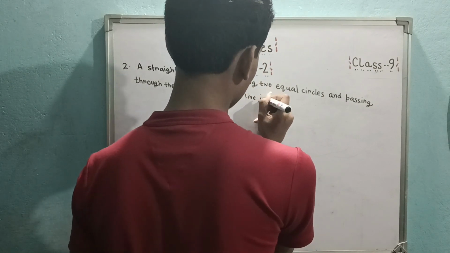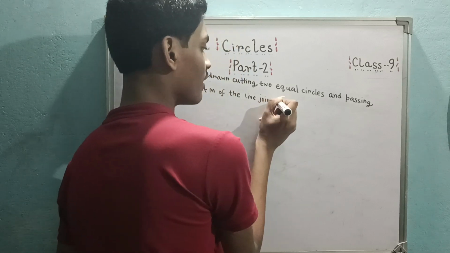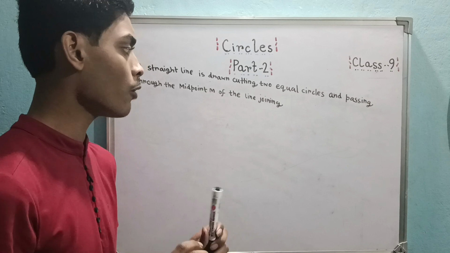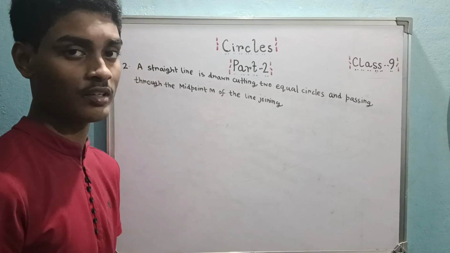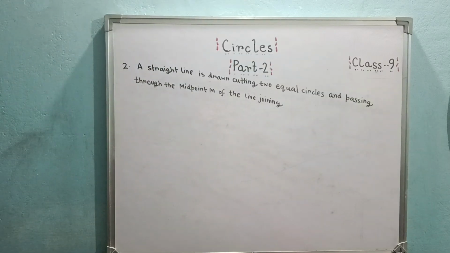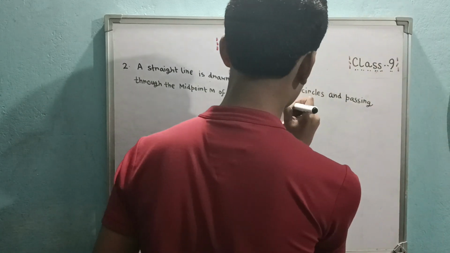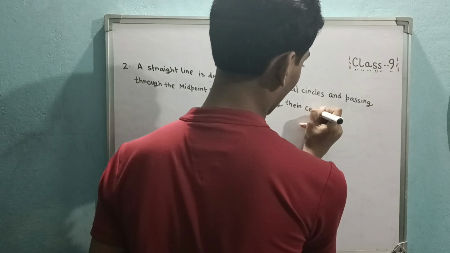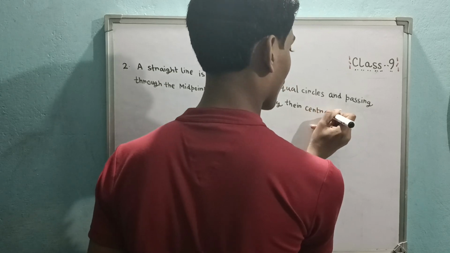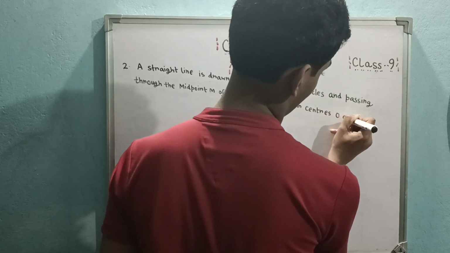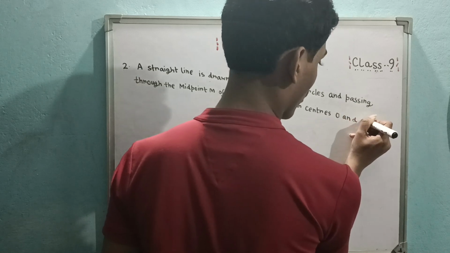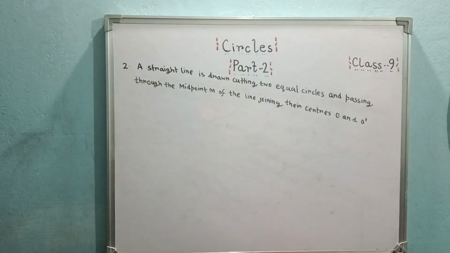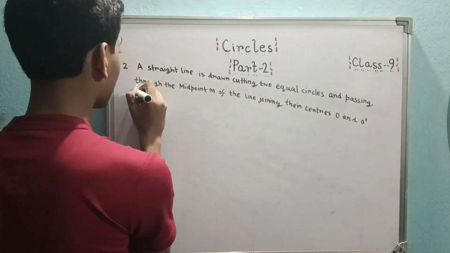Actually the two circles are there. Their centers are being joined by some line, and that line's midpoint is M. That's quite easy to understand. Joining their centers O and O dash. O dash is another center, don't confuse the dash. Prove that the chords AB and CD.